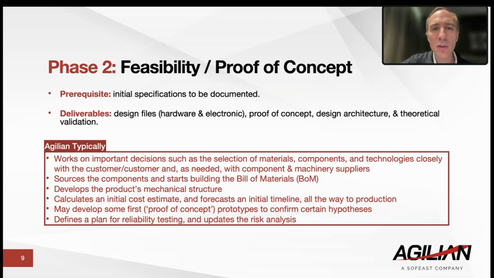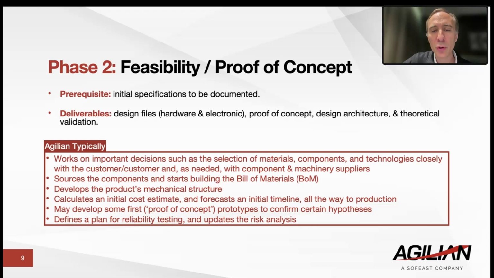Phase 2, basically, it is usually a mistake, except for the most simple of products, to go directly into the details of the engineering design. It's good to take a few weeks and maybe more to do what we call a feasibility study. Some people just call it early proof of concept.